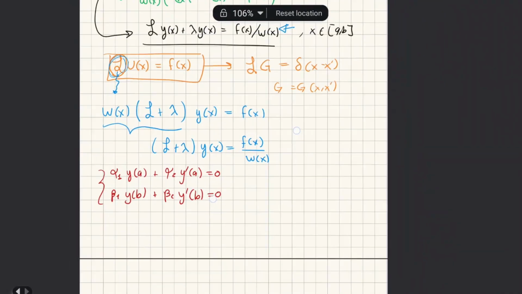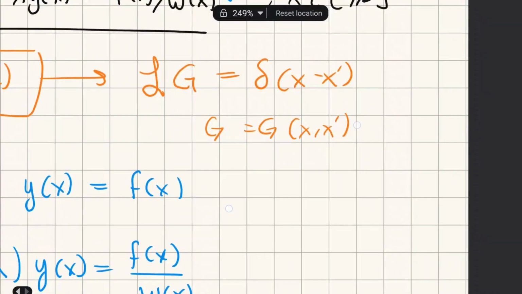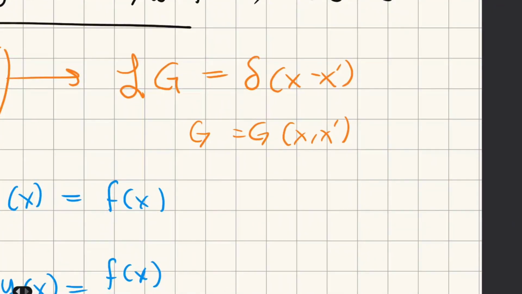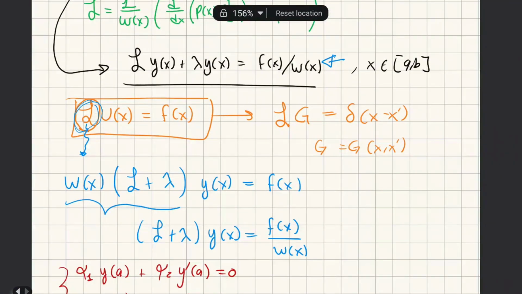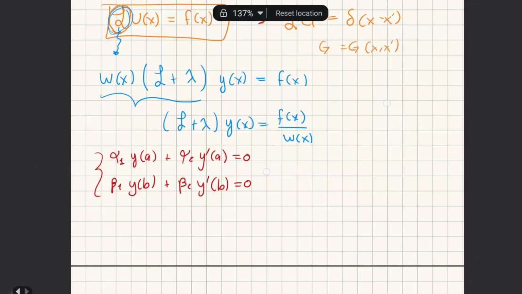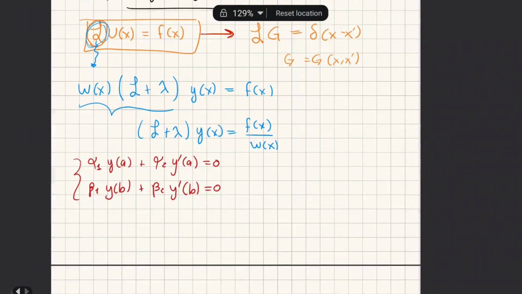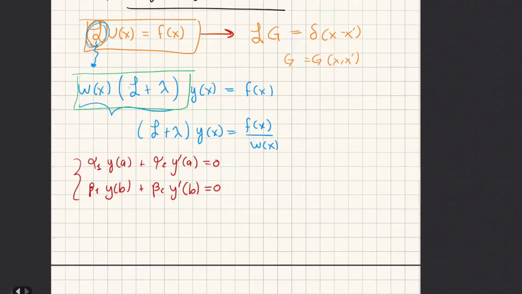Okay, and again, looking at what we mentioned, we said that we can apply an operator to a function u of x to get f of x, and this implies that we have that same operator applied to the Green function that is equal to the Dirac delta. In our case, that operator is w of x times the Sturm-Liouville operator plus lambda.